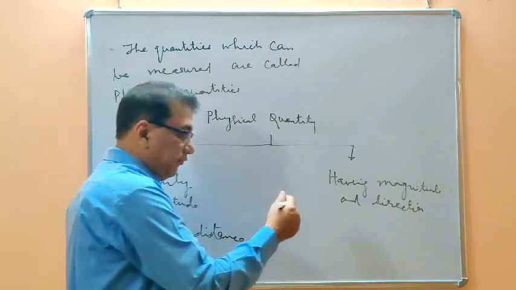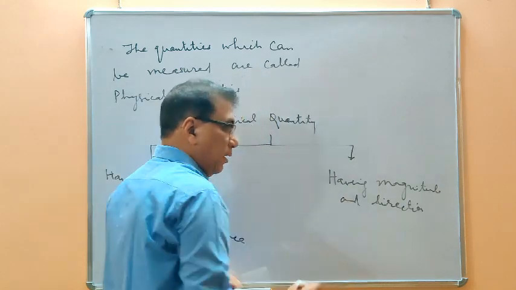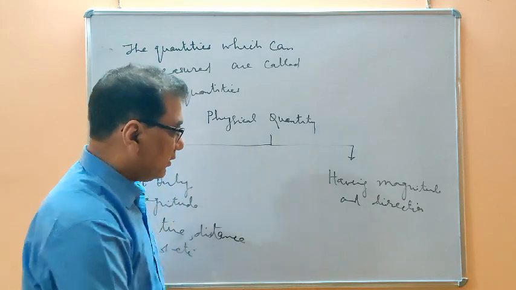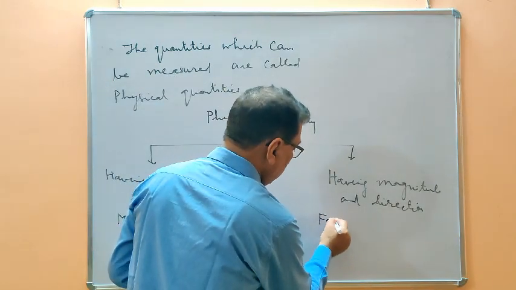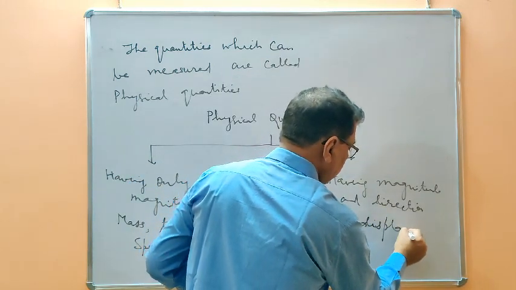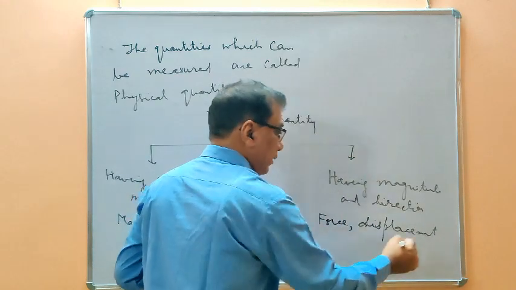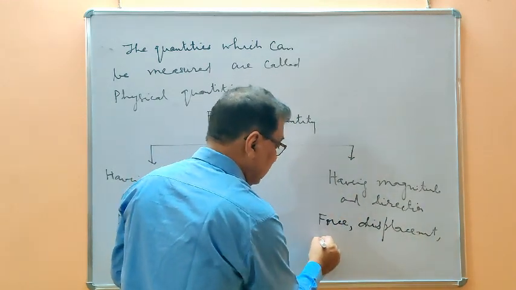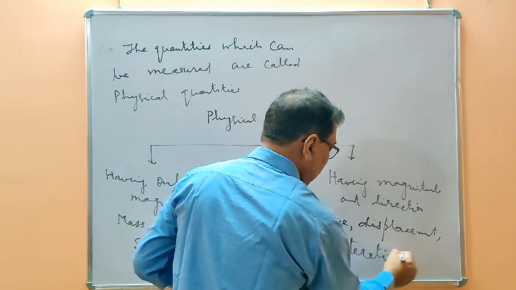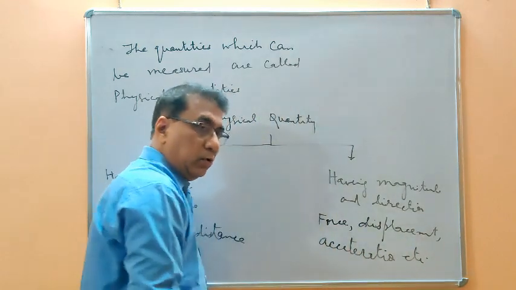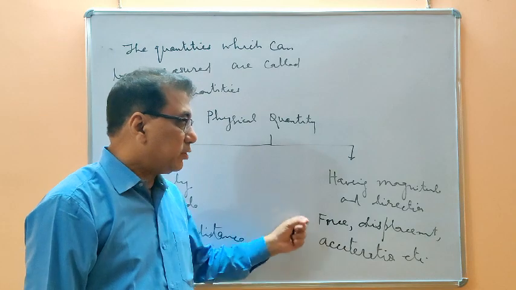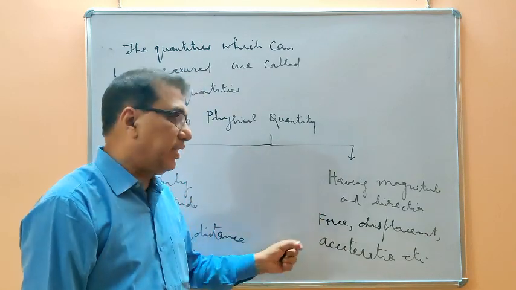But a few quantities are of this type also, in which magnitude and direction both are concerned. For example, force, displacement, then we have acceleration, etc. So to measure these quantities, we must know their magnitude as well as direction.